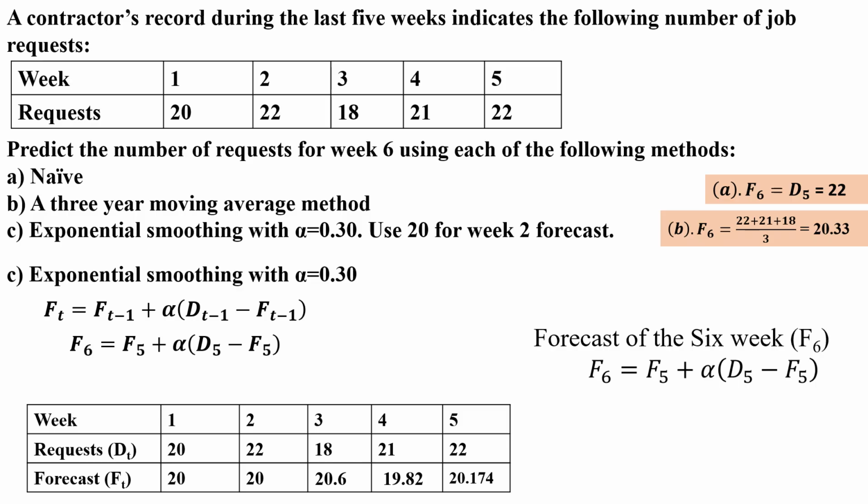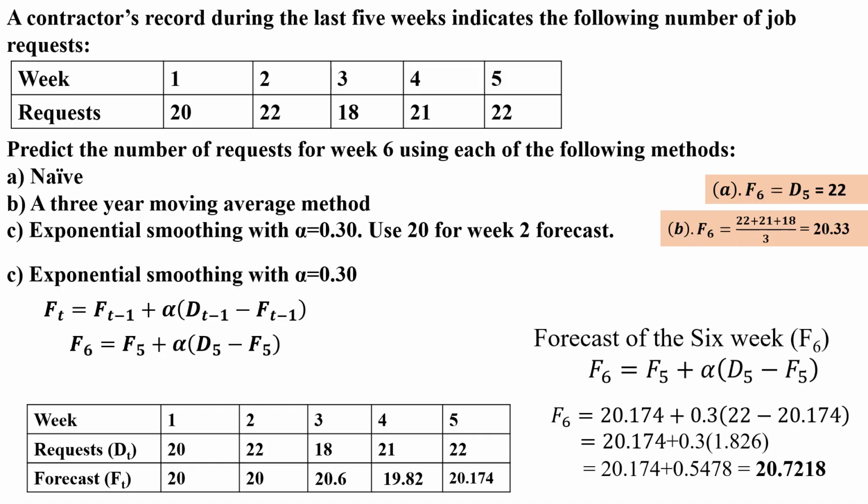We will go to the forecast of the 6th week, the F6 value. F6 equals F5 plus alpha times (D5 minus F5). We know the F5 value is 20.174 and D5 is 22. Substituting, we get F6 equal to 20.7218.